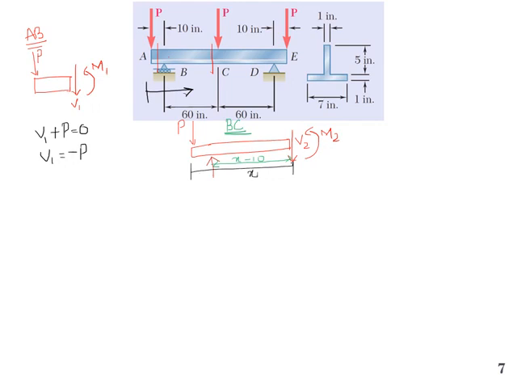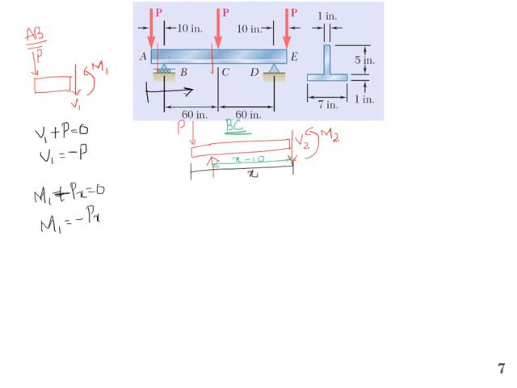There is no distributed load between A and B, so V1 is constant between A and B. And similarly for moment, M1 plus P into X is equal to 0, and M1 will be simply equal to minus Px.